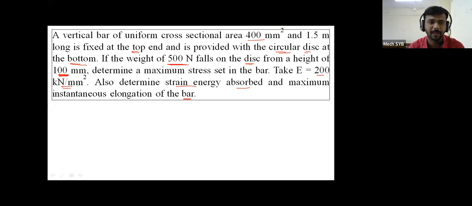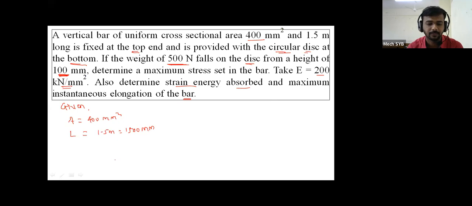Okay, so these are the given parameters. Just write down all the given parameters. Cross-sectional area of the bar is given as 400 mm square. Then length is given as 1.5 meter, which is equal to 1500 mm.